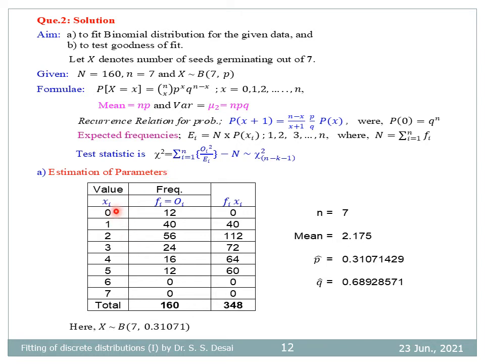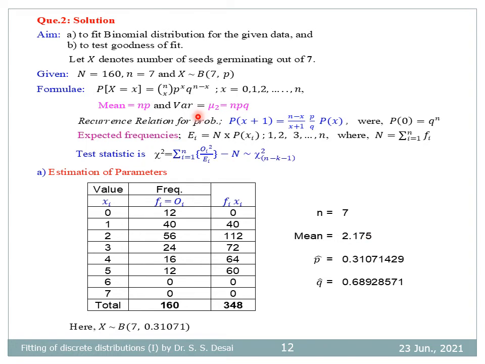So these are the values of x. These are the values of our observed frequencies, that is given frequencies fi. The product of fi into xi is this one. The sum of the products is 348, and therefore the mean here is summation of fi into xi divided by N. So 348 divided by 160, that is 2.175.